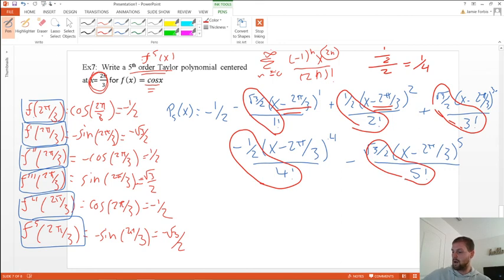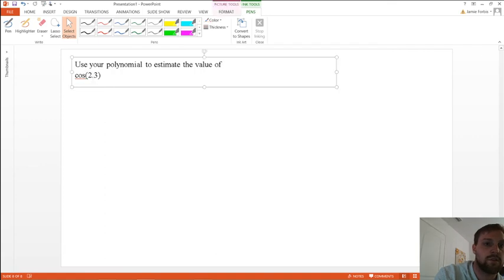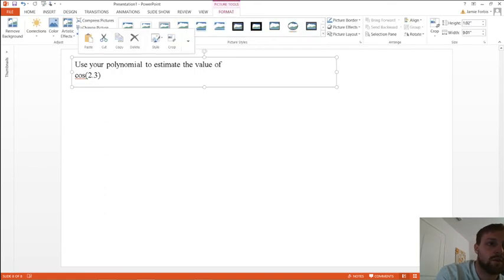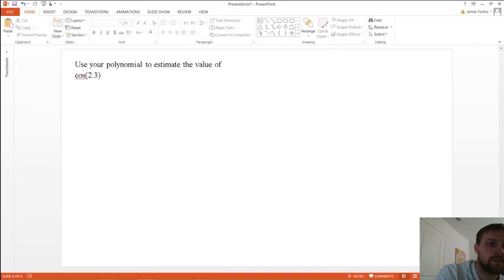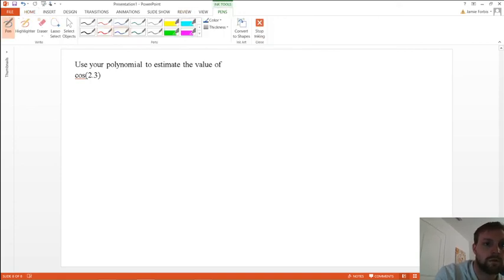Okay. Now, what it wants me to do in the next part is that I got the fifth order. It wants me to use that fifth order, which is centered at 2π over 3, to estimate cosine of 2.3.